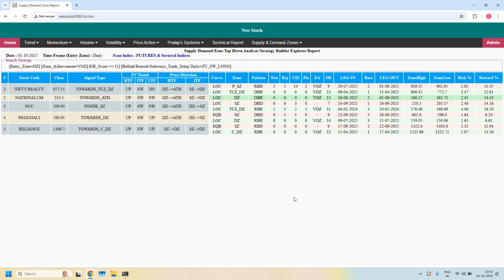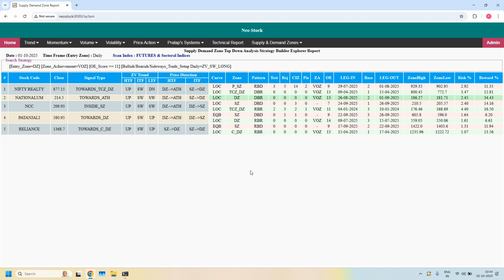Any pierced daily demand zone, ignore it, or you can use it for high pierced zone strategy. But this is not valid for sideways long trade setup. Only pierced zone strategy only it is valid. But remaining 4 daily demand zones are qualified for analyzing sideways long trade setup for monthly income trade.